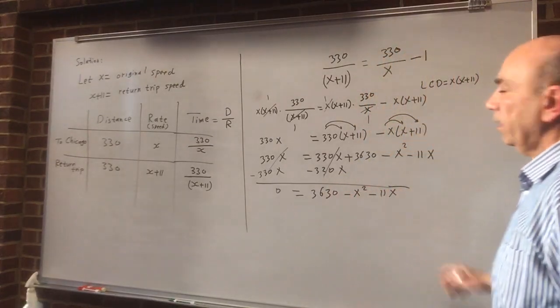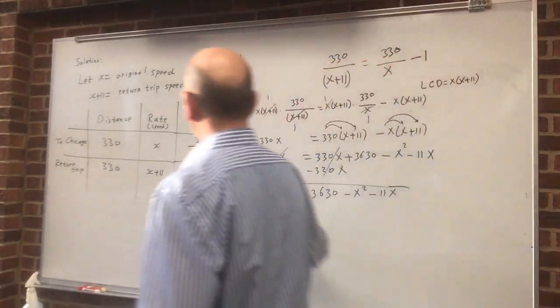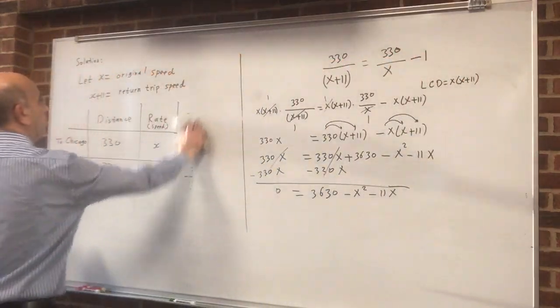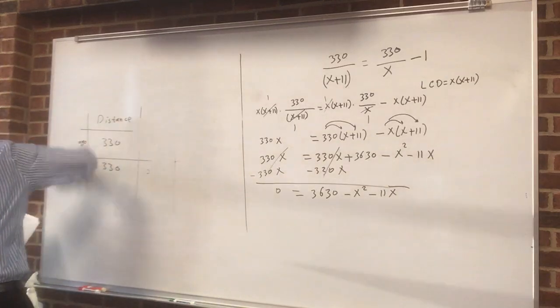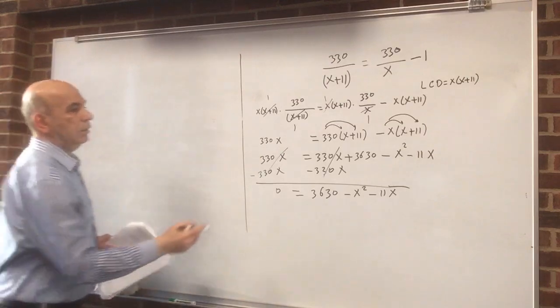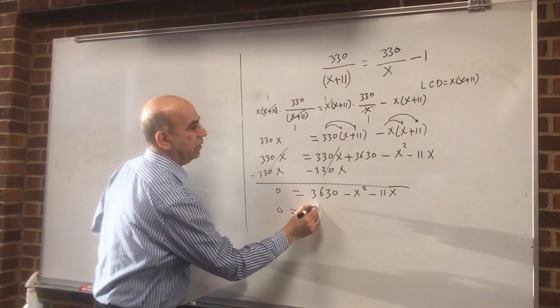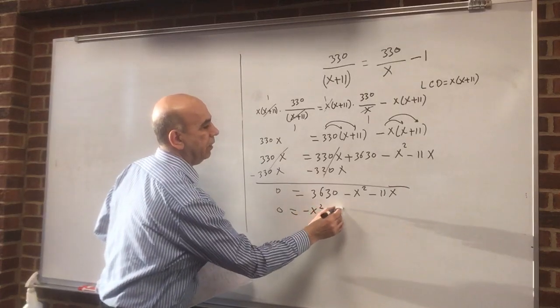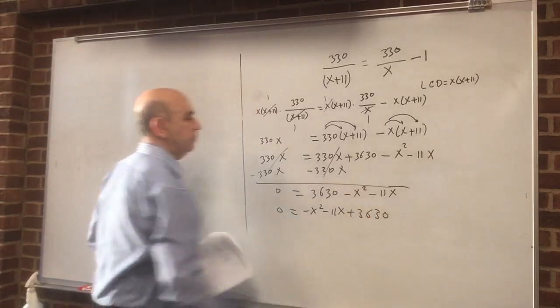Rewrite this equation in descending order: 0 equals negative x squared minus 11x plus 3630.